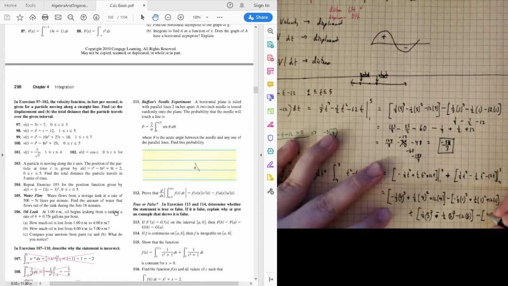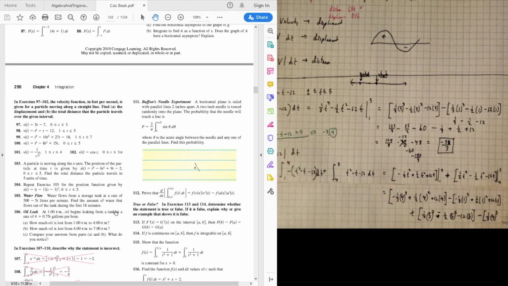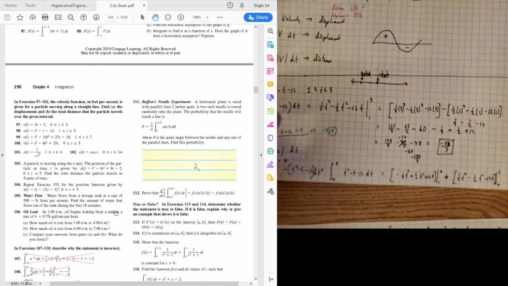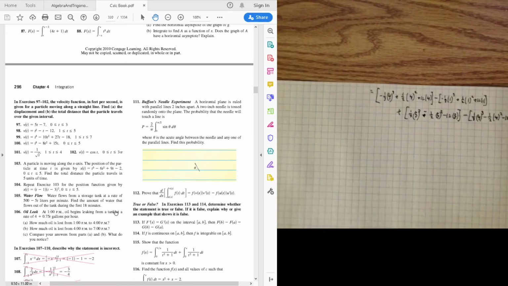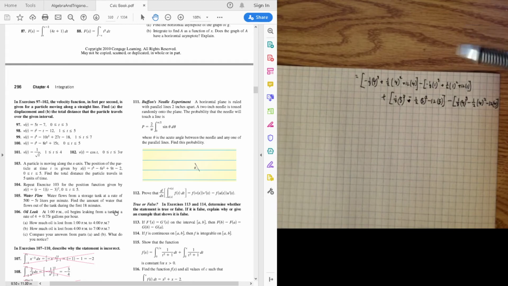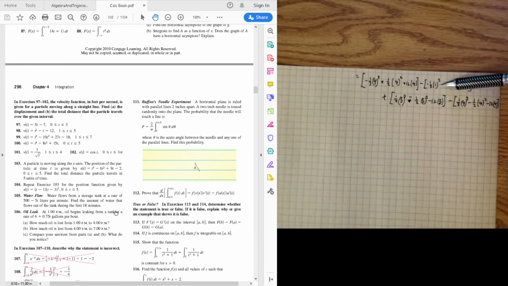Okay, so we do 1/3 times 4 cubed minus 1/2 times 4 squared minus 12 times 4. Okay, all that's left is just simplifying this nastiness. Again, the first one comes from solving that first integral, the second one from the second integral.